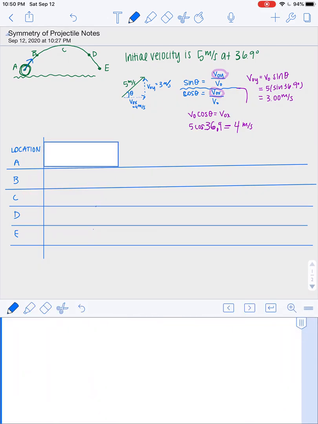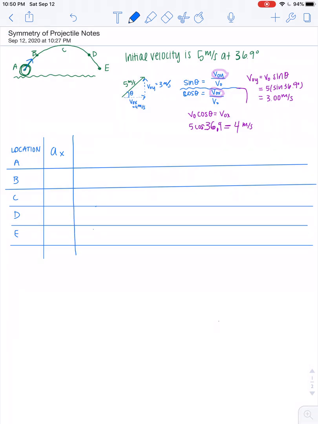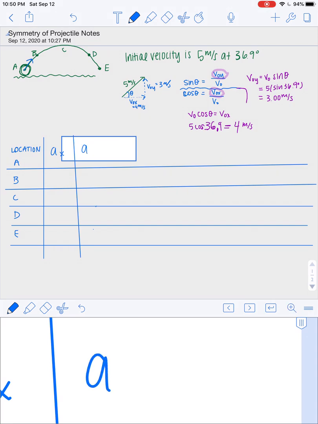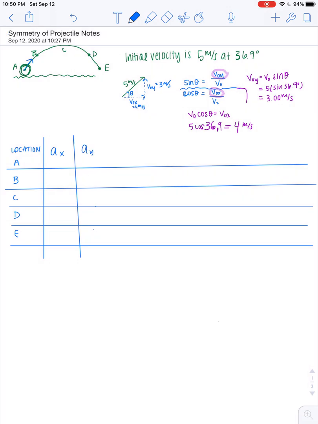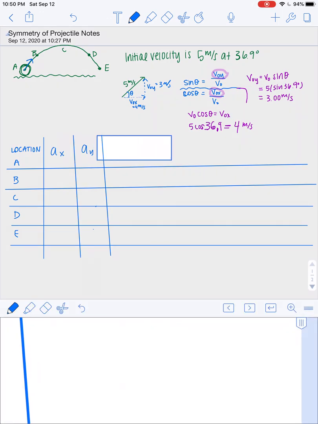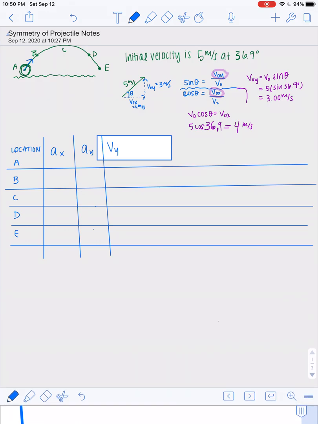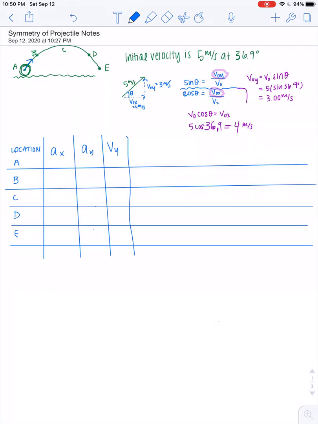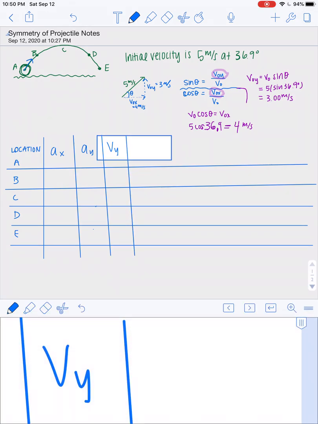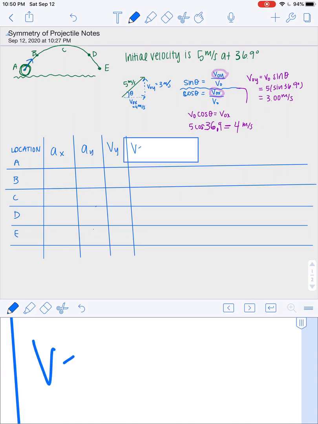Our next column is going to be the acceleration in the x direction. Next column, acceleration in the y direction. And this is not something that you should copy down necessarily every time that you're solving one of these problems, because you might not have to solve for everything every time.